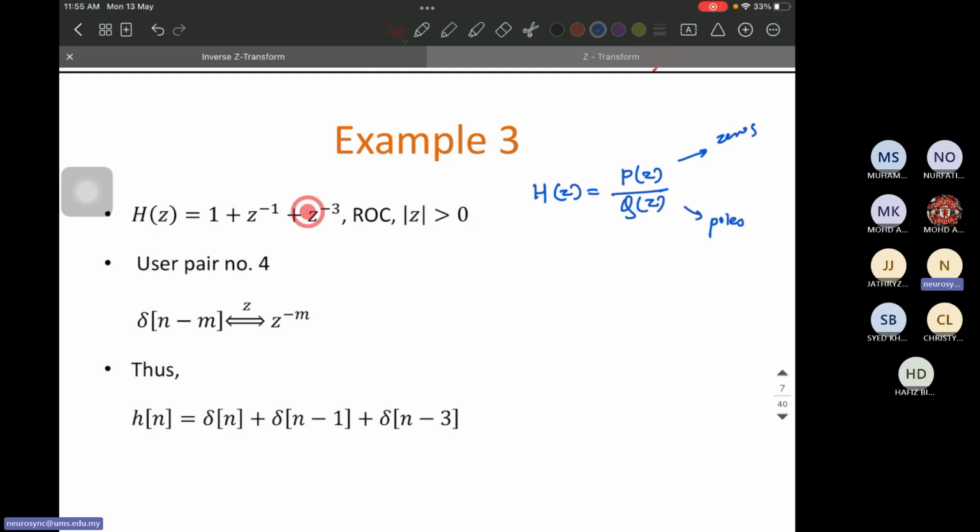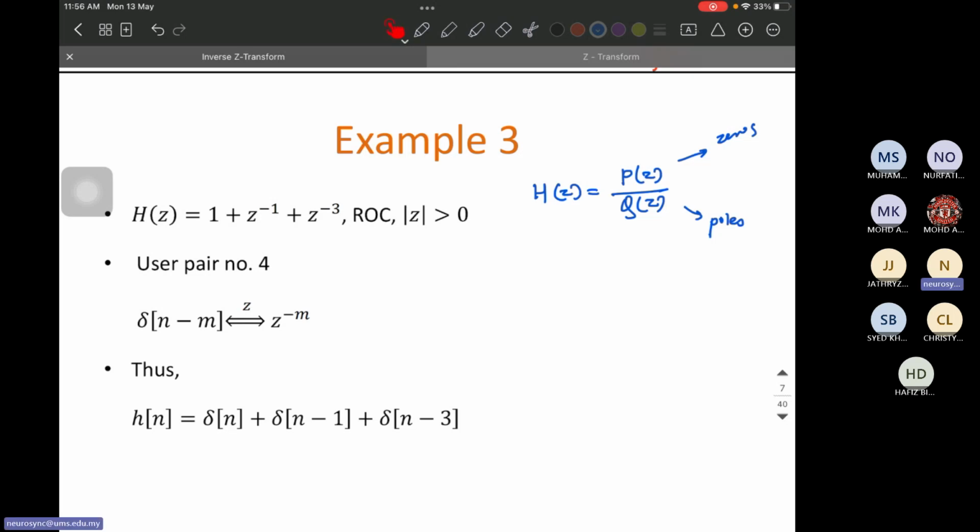Now for this given polynomial, the ROC is mod z greater than 0. Mod z greater than 0 means except z equal to 0, all of the z plane is the ROC.